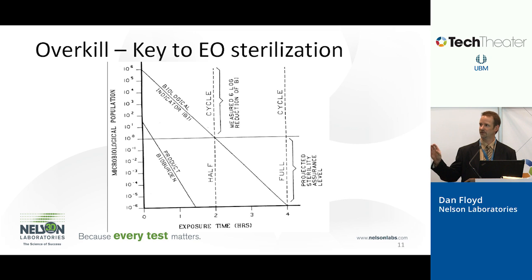And so how we do that is we use a biological indicator that has 10 to the 6th or 1 million spores, and by killing that in half the time, that's where you're going to show that process, because then you're going to assume it's considered to be first order kinetics that you get the same kill rate in the second half of the cycle as you did in the first half of the cycle. And so by going through this, if you show a 6 log reduction in one half of the cycle, when you do the other half, you're going to get another 6 log reduction. And so that's going to take you down to the 10 to the minus 6. And that's what the requirement for terminally sterilized devices are for.